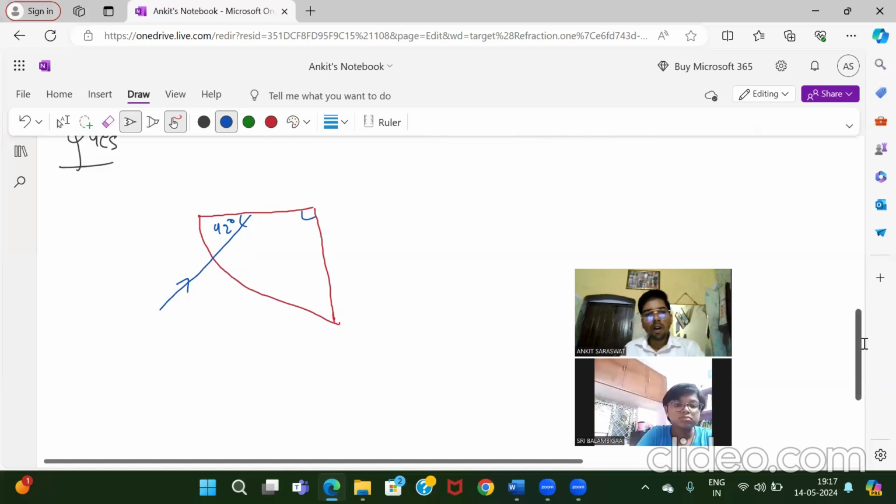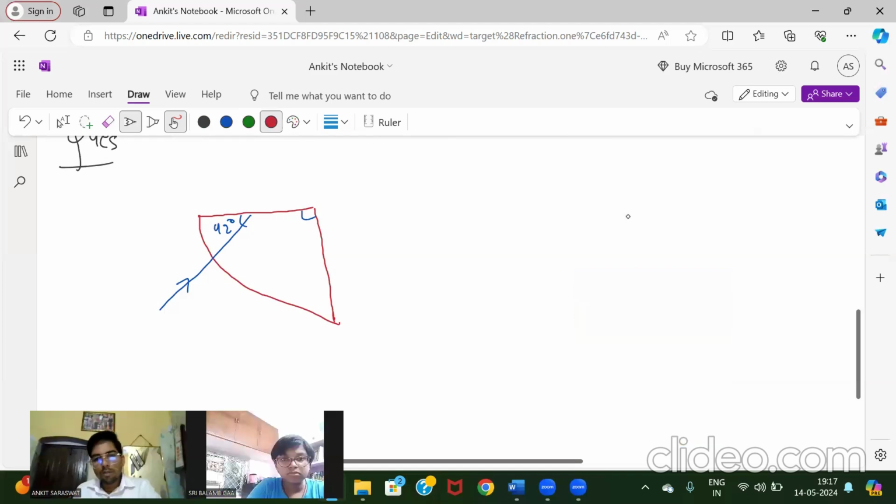Understood? Now I want to know whether this light ray will pass or not, and in which direction it will move. I want to know the path. Clear? So how to solve this? You see it very, very carefully.